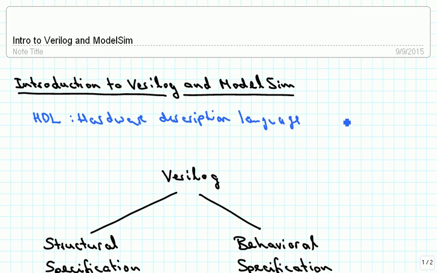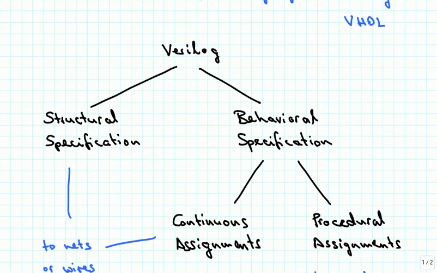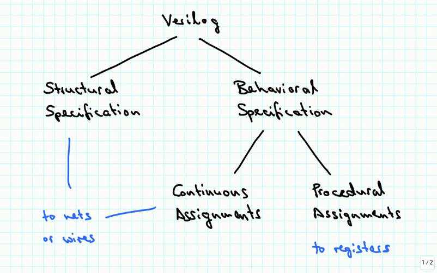And the two are Verilog and VHDL. What we're going to use here is Verilog, and we're going to look at the basic methods that we can use in Verilog for describing hardware.